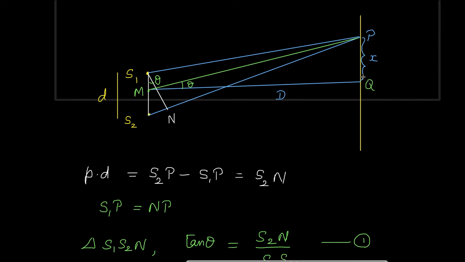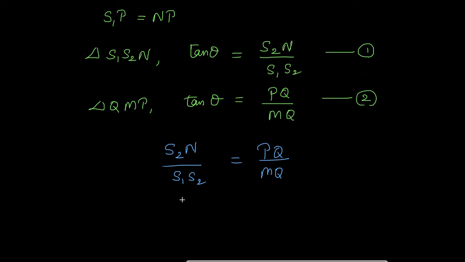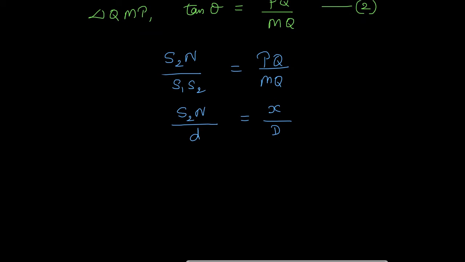So PQ is x and MP is equal to MQ, and MQ is equal to capital D. Let us substitute. S2N is the path difference. That divided by small d equals PQ, that is x, divided by MQ, which is capital D. S2N is equal to x small d by capital D. I'm calling this equation number 3.